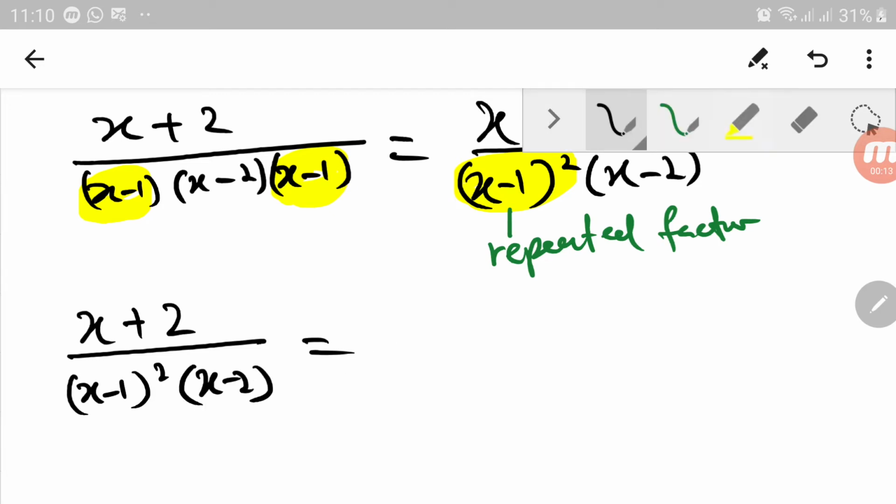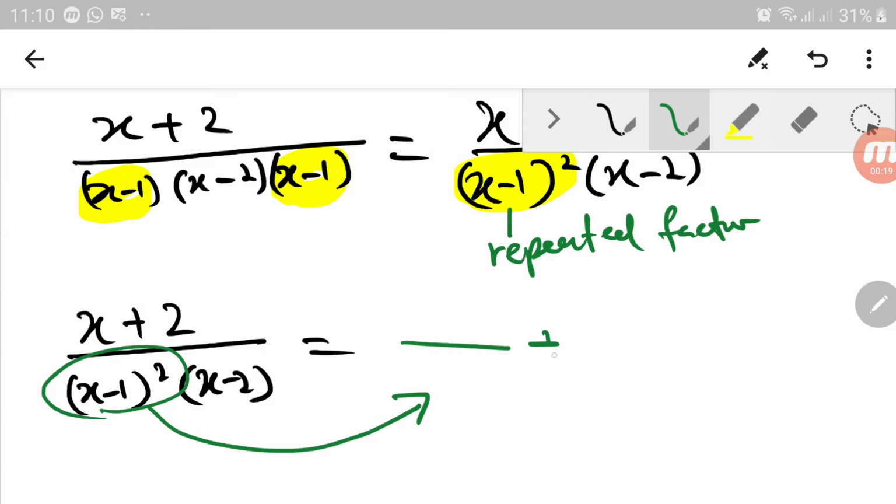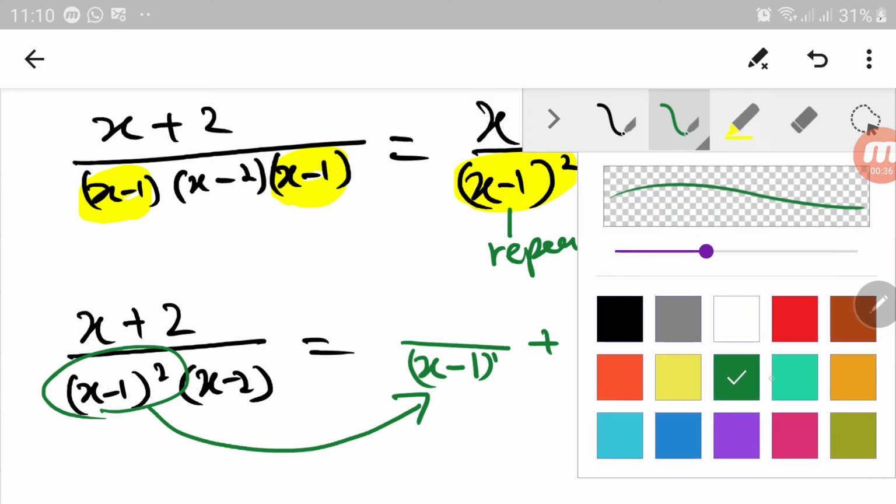Now, this is a repeated factor, so we have to express it as a fraction with multiple factors. They have the same factor, but the first one is power 1, the second one is power 2. So we're done with that.